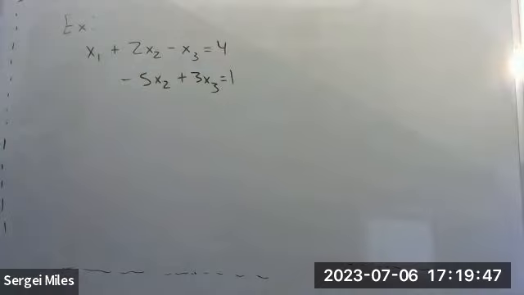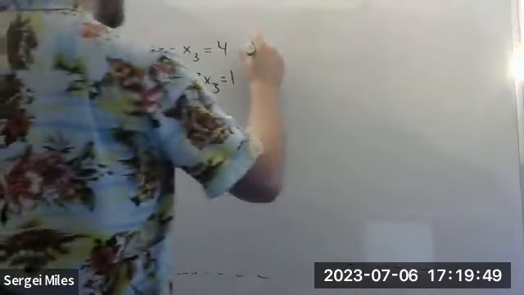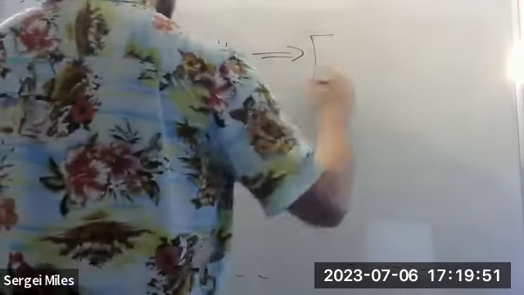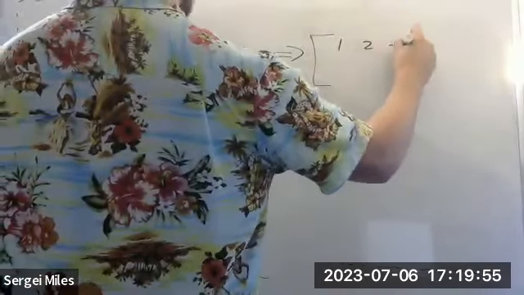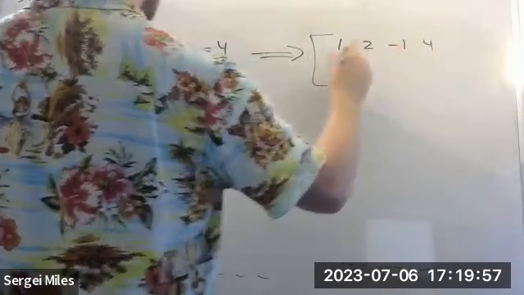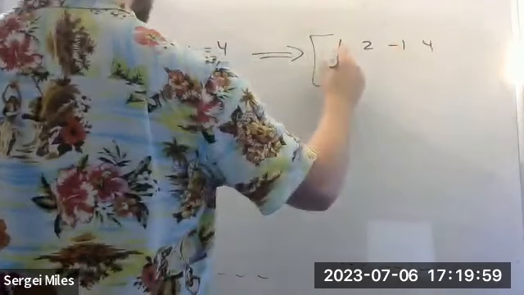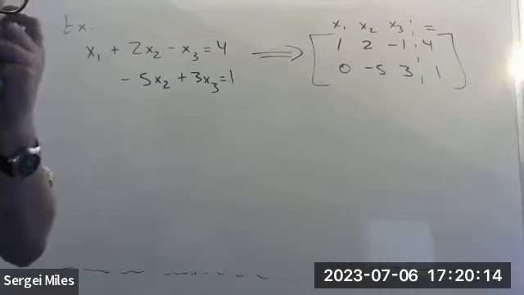Now we've already seen from the lesson 1 lecture that we can turn this into an augmented matrix: 1, 2, -1, 4, and 0, -5, 3, 1, with the columns for the variables and the last column for the constants.